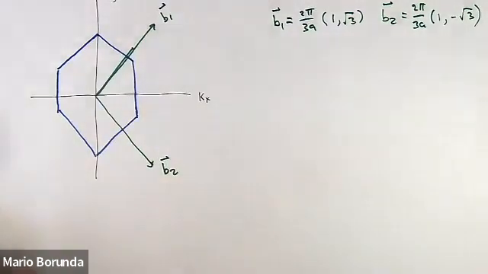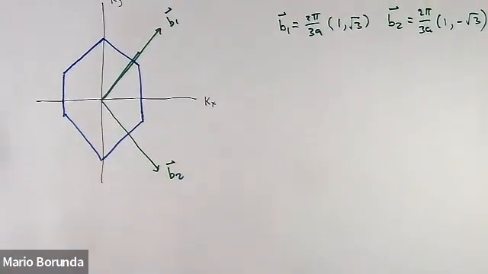Yep, it's not symmetric again, but you get the idea, right? So if I know that that one is 2 pi over 3a, 1 is square root of 3, this is the same thing, but negative square root of 3, I can figure out what this point is, for instance, right? And all of those points, actually.